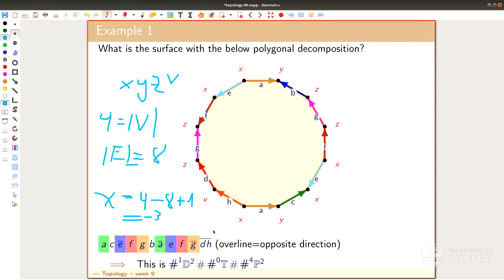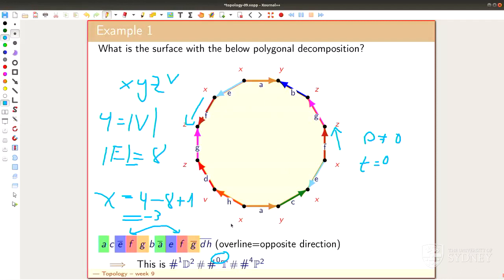Okay, so we know the Euler characteristic already. Do you see an unoriented pair? I see an unoriented pair, F and F. Fine, so P is not 0, and T is 0.